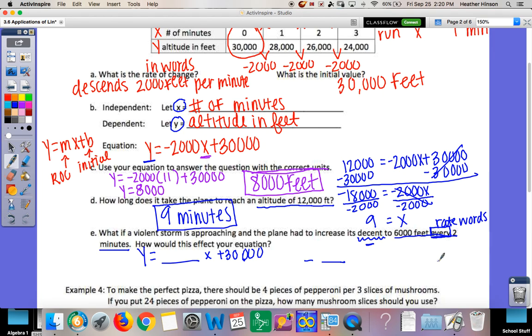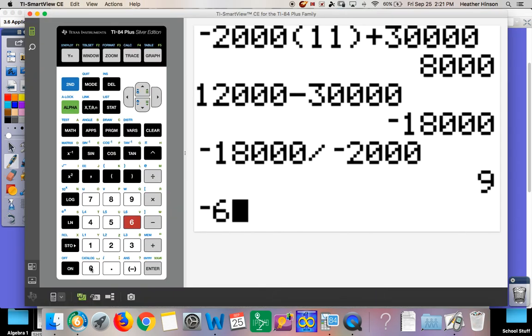So this is always going to be y over x. Which one is the altitude in feet? Well, that's 6,000 feet, so that's going to go on top. And x is minutes, so x goes on the bottom, so that's going to be 2 minutes. Now, we always have to make sure everything we plug into our equations is simplified. So what is negative 6,000 divided by 2?